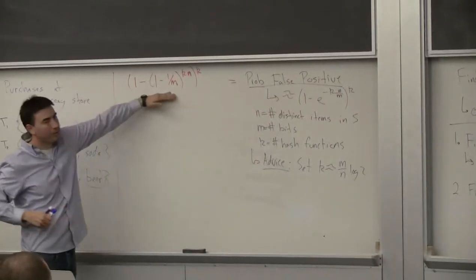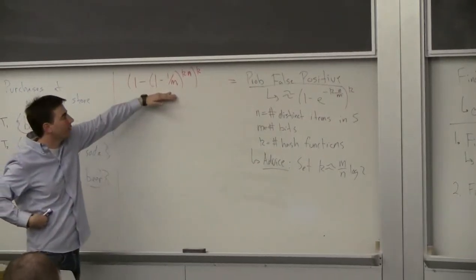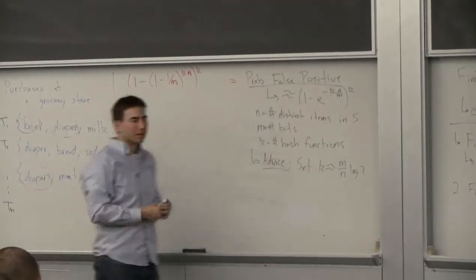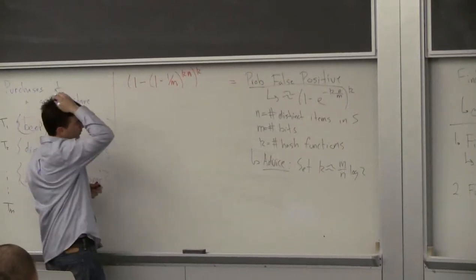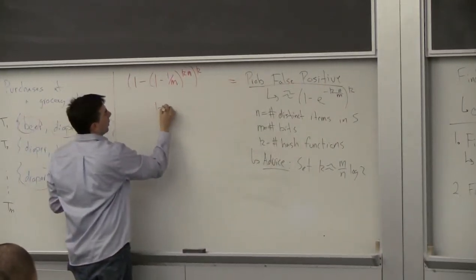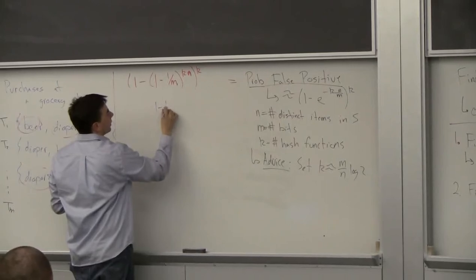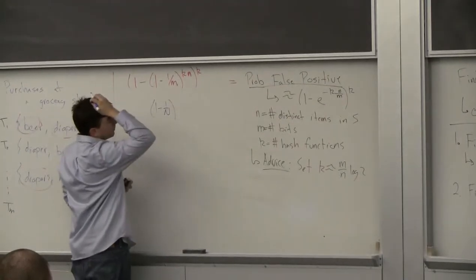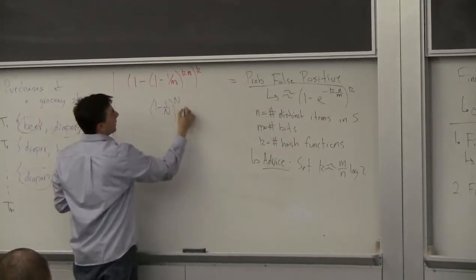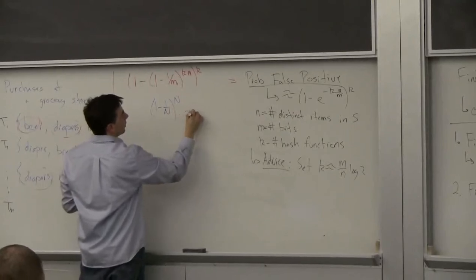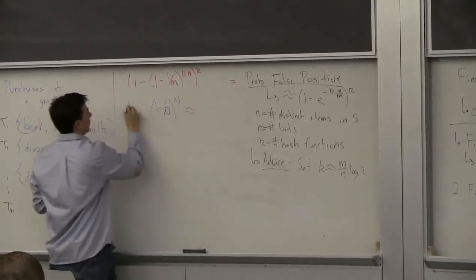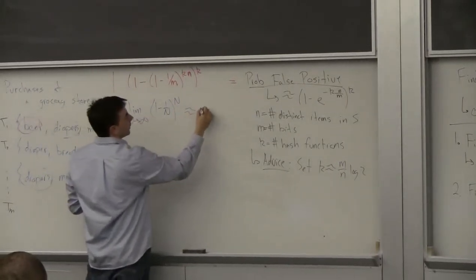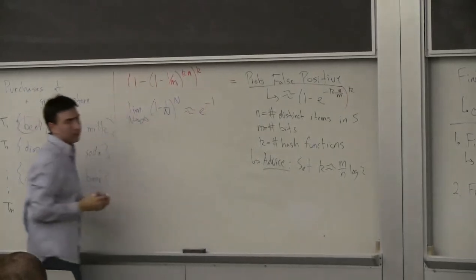I'm going to actually derive this property. So how do I get from here to this thing with the e in it? There's this trick that 1 minus 1 over n, to the power n, is roughly, in the limit as n goes to infinity, e to the minus 1.